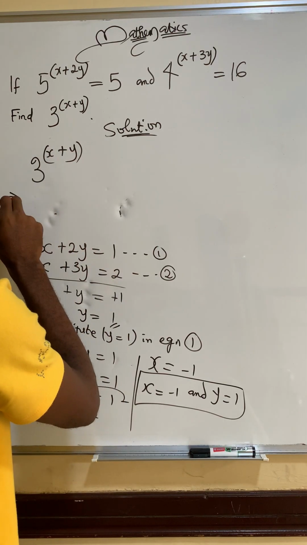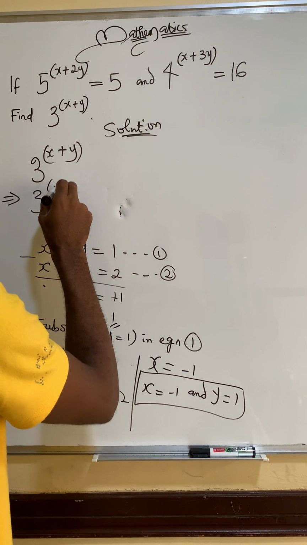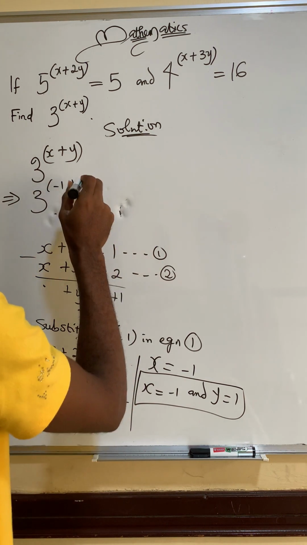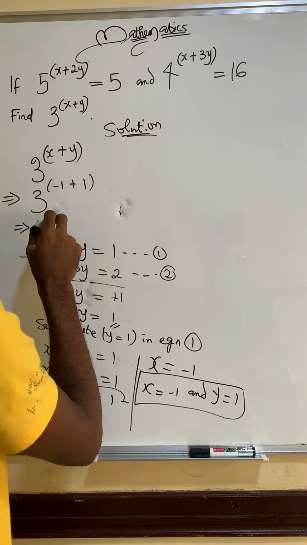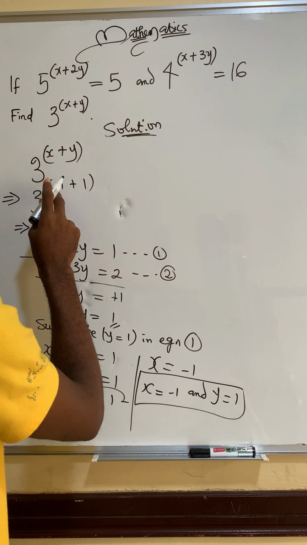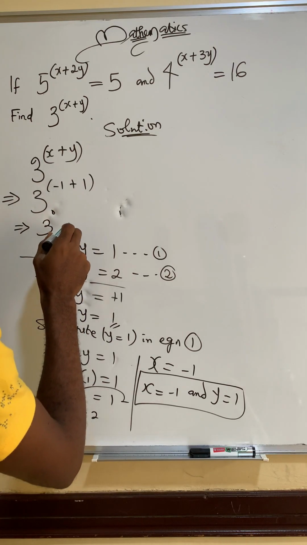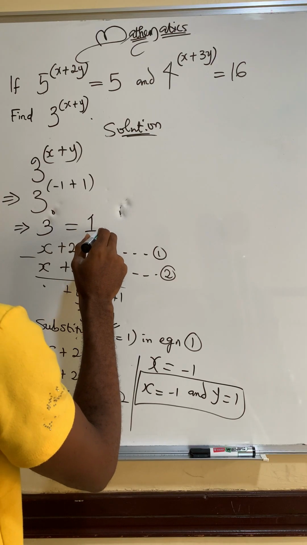So this is same as saying 3 raised to power, what's our x? Our x is minus 1 plus 1. So we have 3 raised to power minus 1 plus 1, which is what? Of course, it's 0. So the answer is 3 raised to power 0, which is what? 1. So the answer is 1.